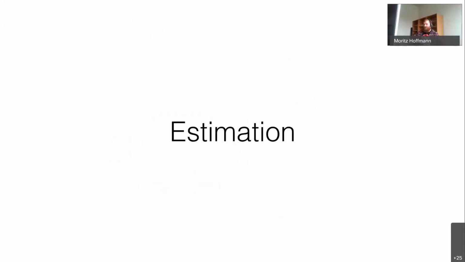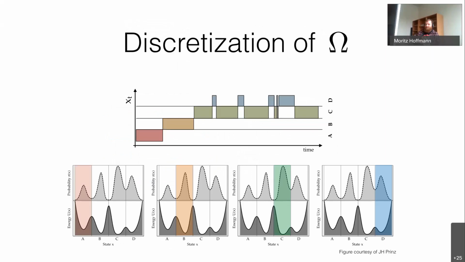Okay, so how do we estimate such a Markov state model? What are we facing? We are facing such a system, and because a Markov state model is something inherently discrete, we first have to make a discretization. And the discretization is a spatial one.